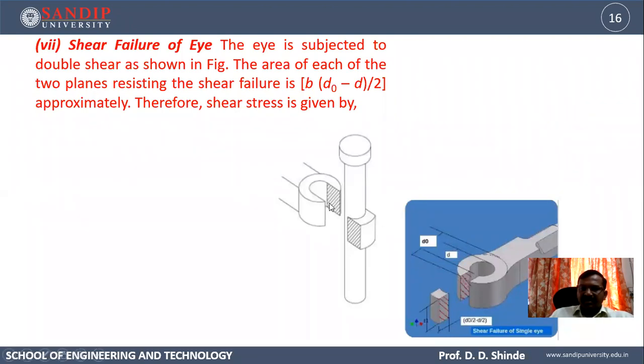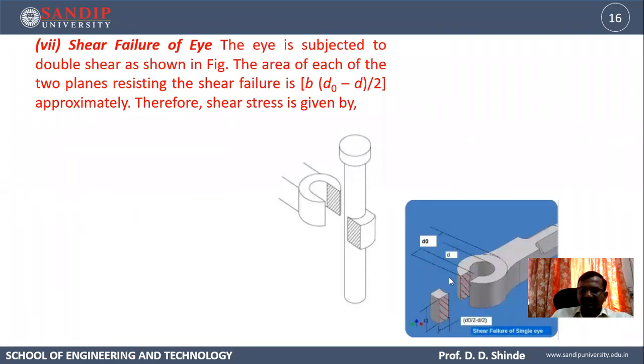You can see that the portion is coming out with the pin, and the shear will be on two sides. So the cross section of the shear will be, see this thickness, height is B, that we know, and this will be DO minus D. So DO minus D divide by 2 because it is on one side, and into B, that will be the cross section.